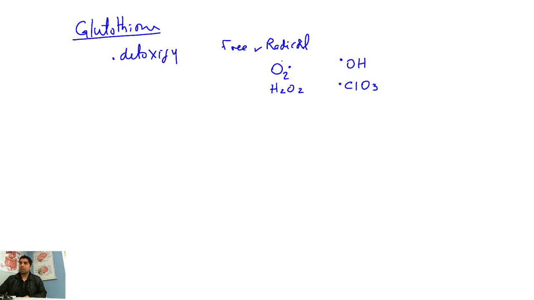Free radicals are toxic to the human body, but they are normal products of metabolism. But your metabolism is not so perfect, so in the process you produce these free radicals, and glutathione is supposed to detoxify them. There are other ones too, but glutathione and peroxisomes are the major ones. Glutathione will detoxify and neutralize them. For example, we have catalase that will convert hydrogen peroxide into what?